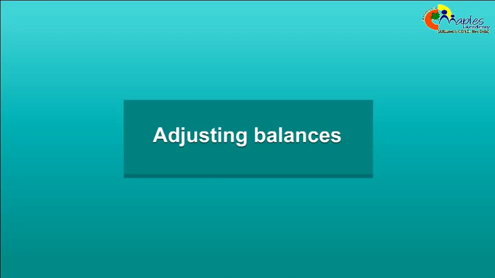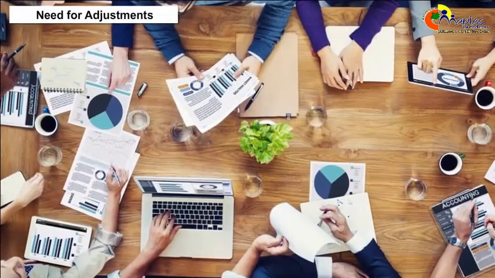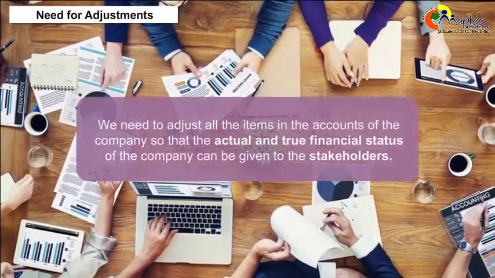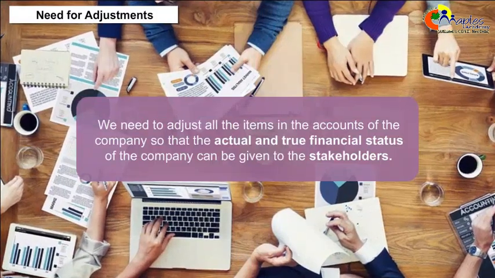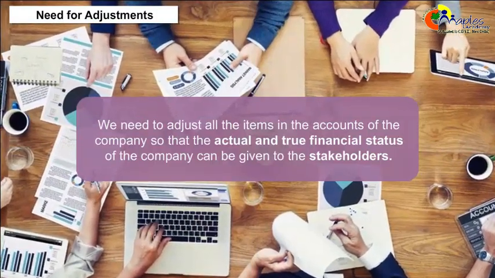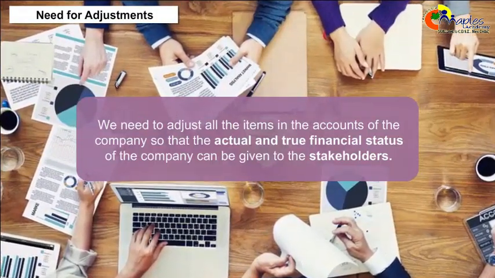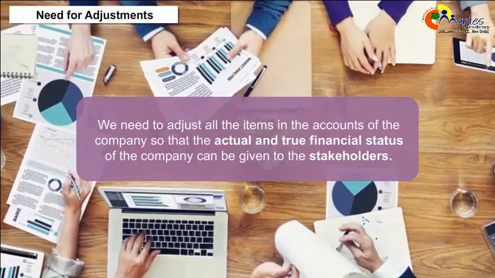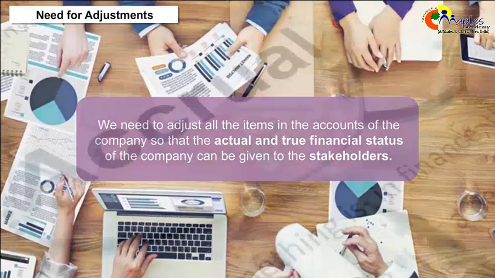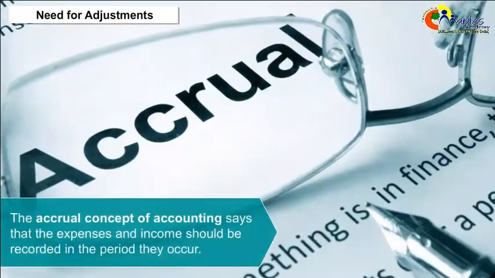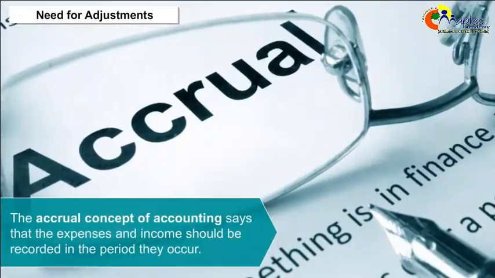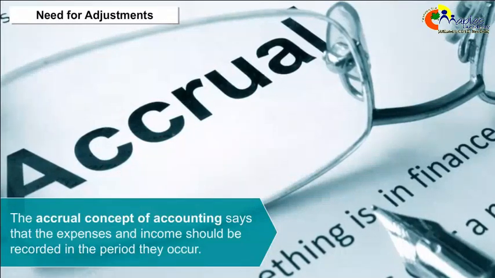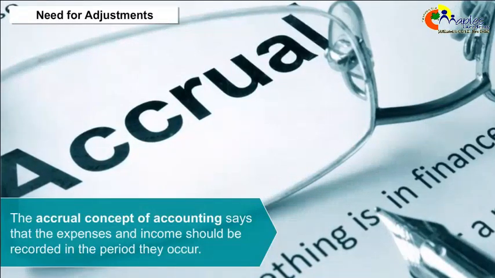Adjusting balances, need for adjustments. We need to adjust all the items in the accounts of the company so that the actual and true financial status of the company can be given to the stakeholders. The accrual concept of accounting says that the expenses and income should be recorded in the period they occur.